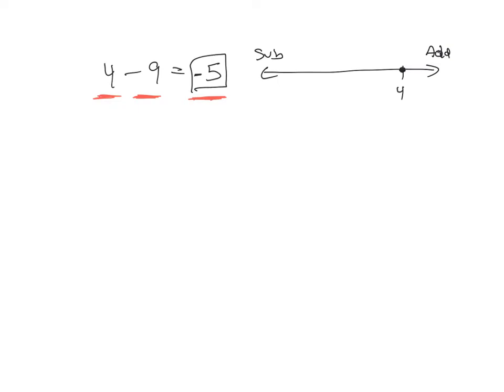We're subtracting 9. 1, 2, 3, 4, 5, 6, 7, 8, 9. What number is this over here that we ended up with? Well, that would be 3, 2, 1. That would be a 0 right there. And then negative 1, negative 2, negative 3, negative 4, negative 5. Okay, so the ones of each sign are, I think, the harder ones. Most people get the other ones right, but okay.